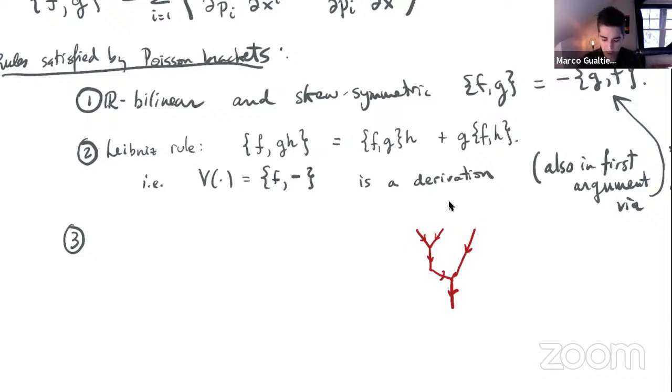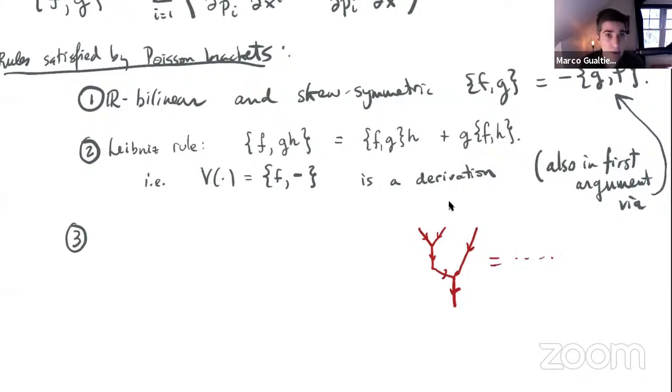There are rules, like the associative law, about how this binary operation behaves on itself, and those are usually important laws which govern various mathematical structures. So in this case, we would like to do the same thing. What happens if we take the bracket of f and g? That gives a function, and then let's say we take the bracket of that function with some other function. And that's where we get what's called the Jacobi identity.